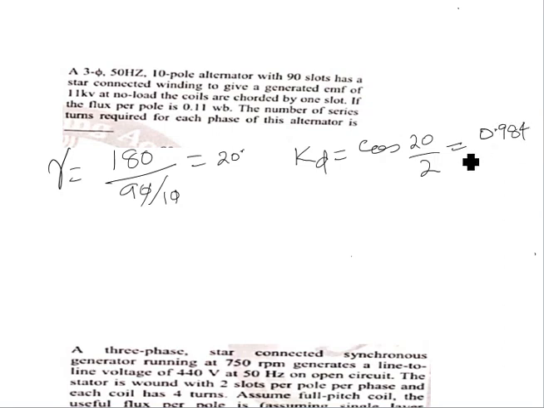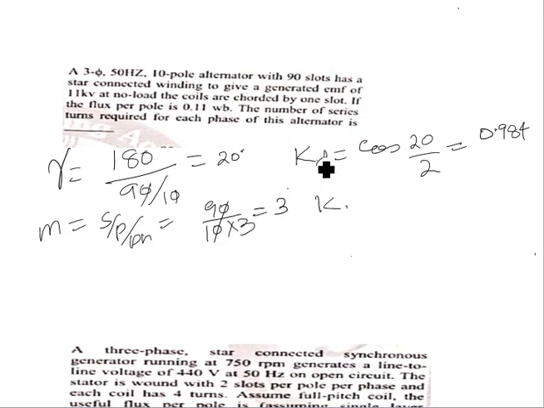0.984. Similarly, for the calculation of m, slot per pole per phase: 90 slots, 10 per pole and 3 per phase. So m will be 3. Slot per pole per phase is 3, and this will be kp.